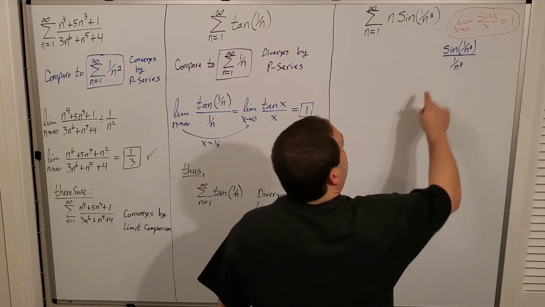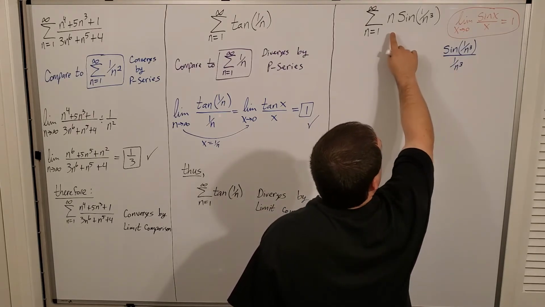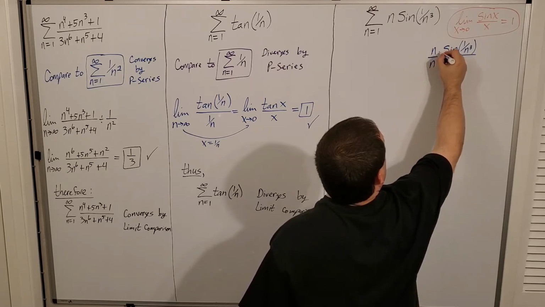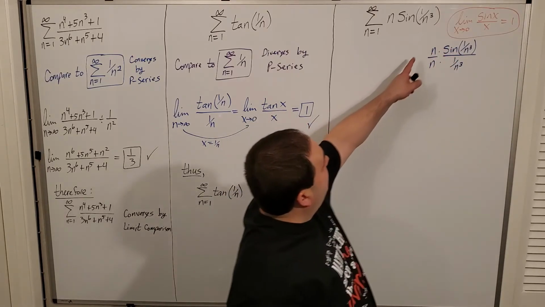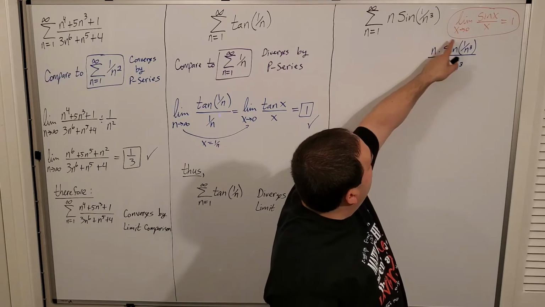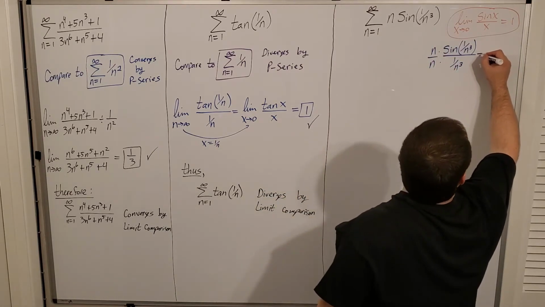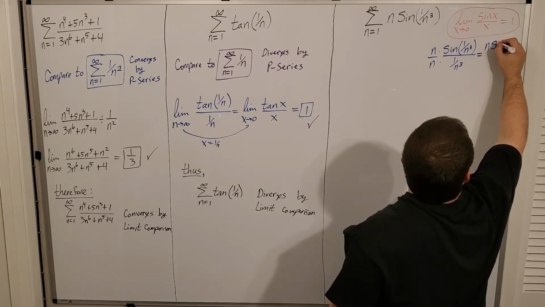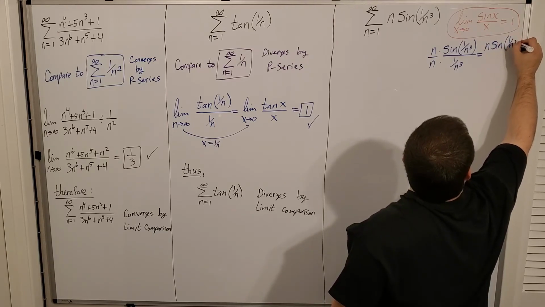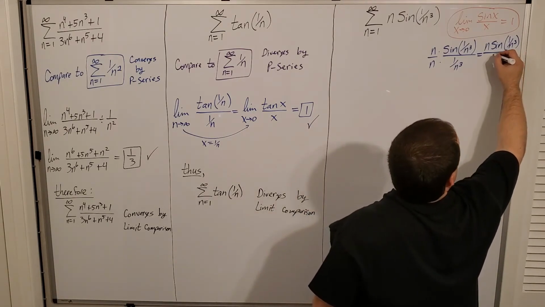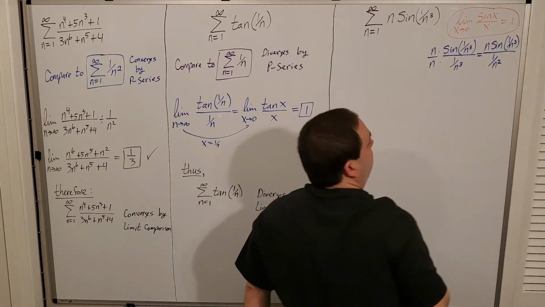Well, okay, so notice if I multiply the top and the bottom here by n, that's completely legal. And what that's going to do is give me what my series looks like right here. Okay, so I'm going to have n sine of 1 over n cubed over n times 1 over n to the third, which is 1 over n squared.